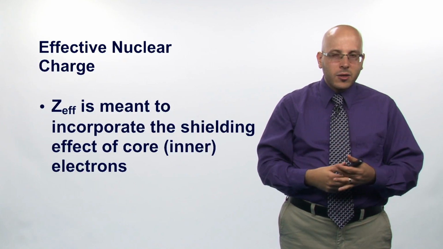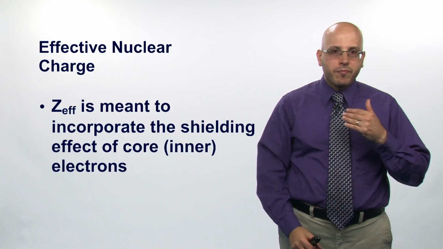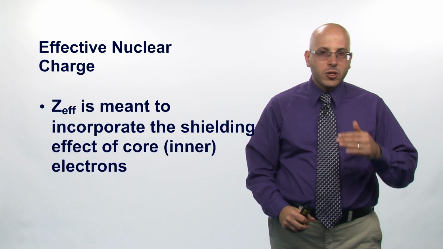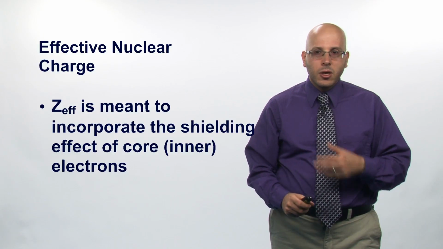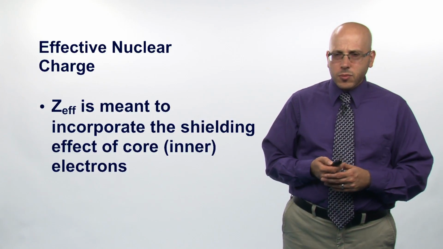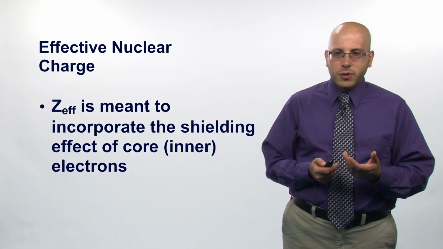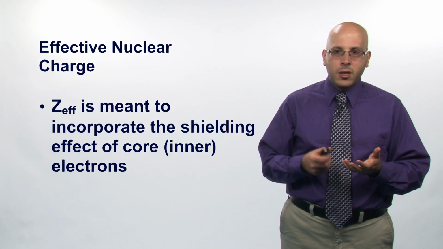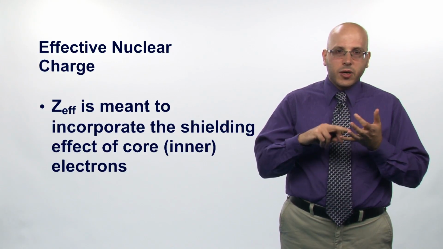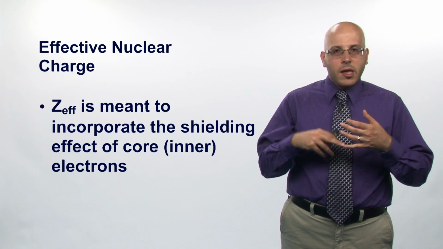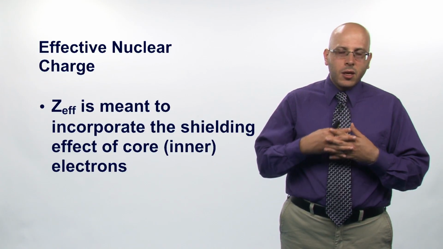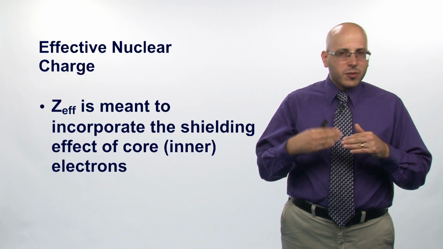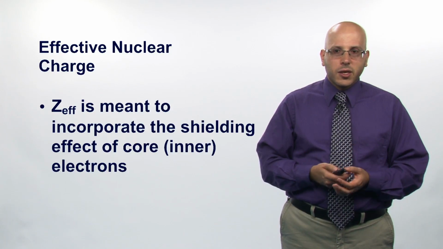They block or shield a little bit so that the effective nuclear charge is always less than the total number of protons, or the atomic number of that atom. The reason it's complicated to calculate is because different electrons can have different extents of shielding. Not all the electrons are equally good at shielding, and you have variations between different subshells and orbitals and things like that.